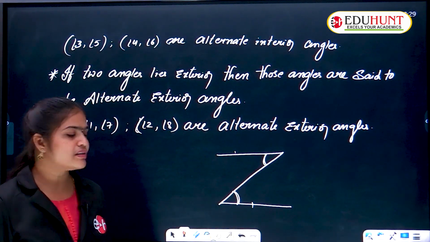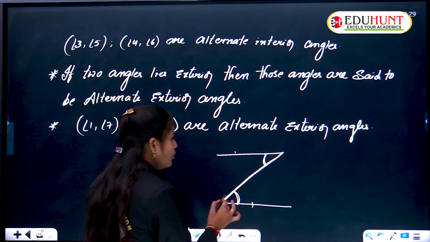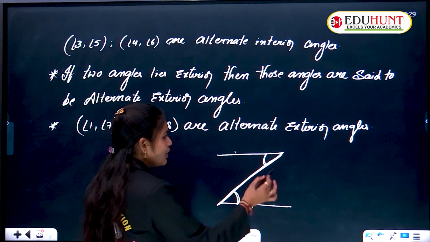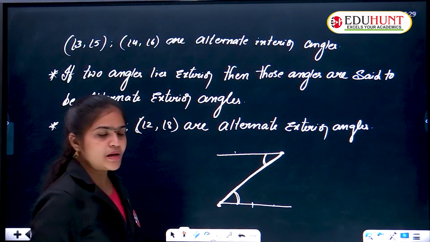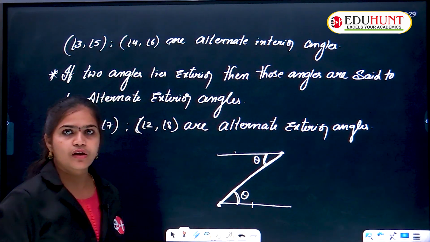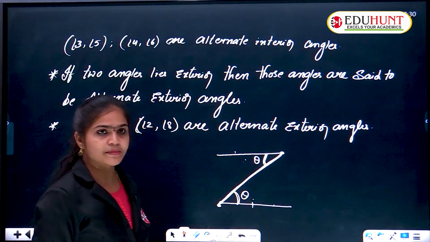Parallel lines conditions we will discuss later. And this is a transversal. Yes or no? Why? Because this transversal line intersects these two lines at two distinct points. Understood, ma? Then this is one of the angles and this is one of the angles, and these two are alternate interior angles.